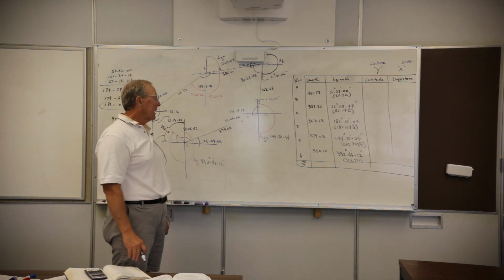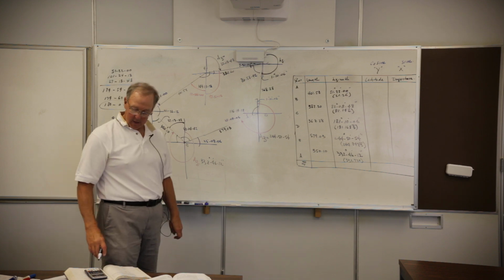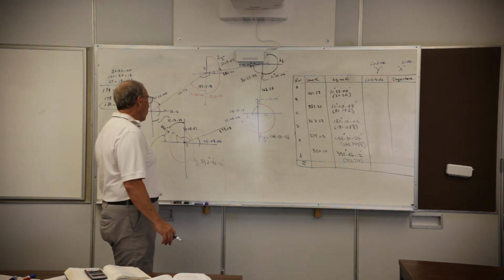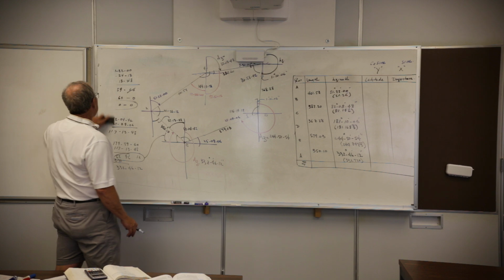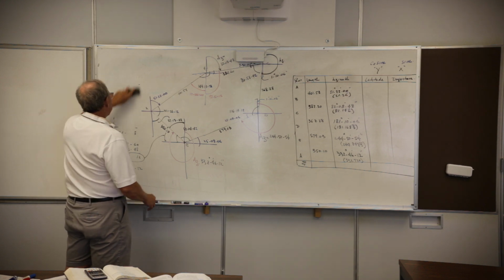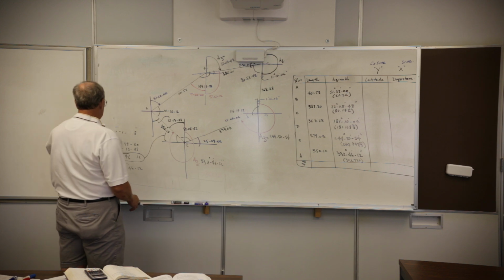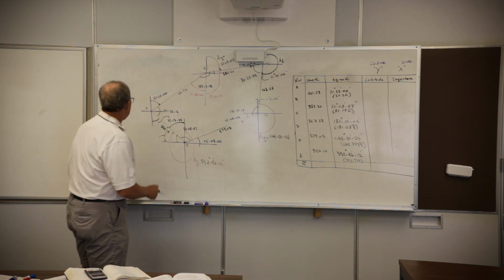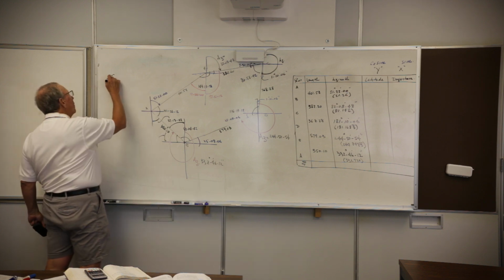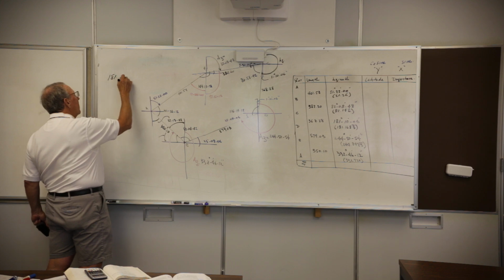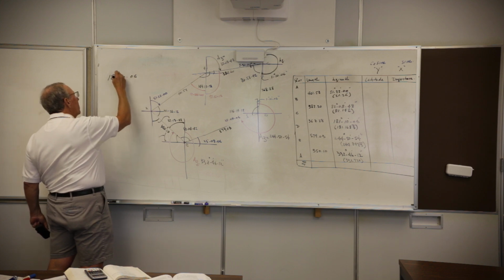And let me show you how you do this if you don't have the calculator that will allow you to put numbers in and do it. So let's take that 181°10'06".